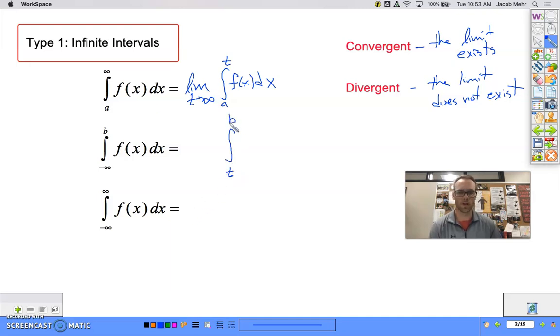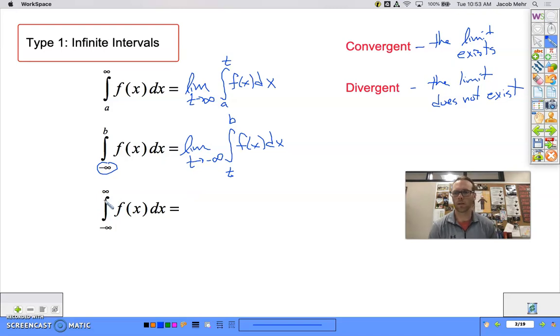So we're going to change it to the integral from t to b of f of x dx, and take the limit of that as t goes to infinity. Again, same thing. It could be convergent if the limit exists, or divergent if the limit does not exist. I can't tell if I wrote it in there because my writing's kind of sloppy, but make sure that we're taking the limit as t goes to negative infinity. I may have misspoken.